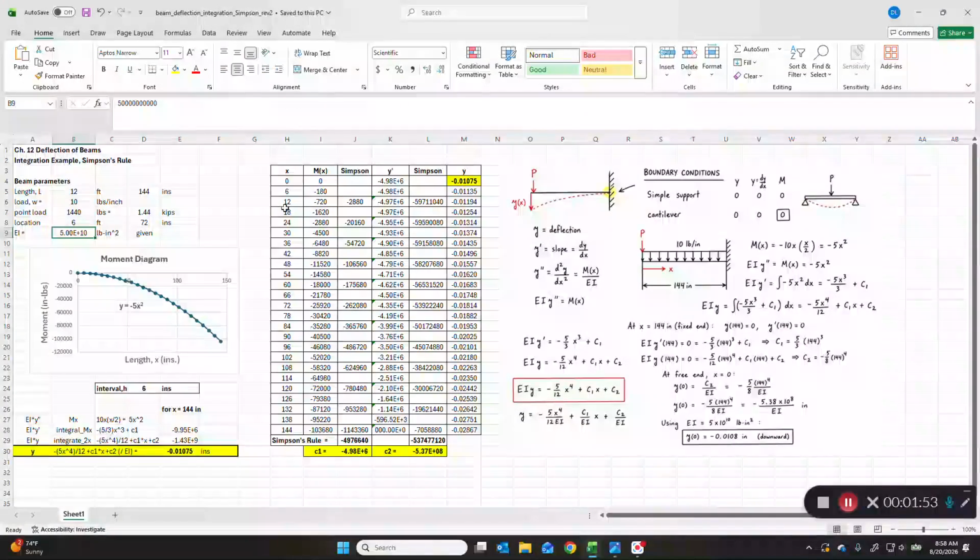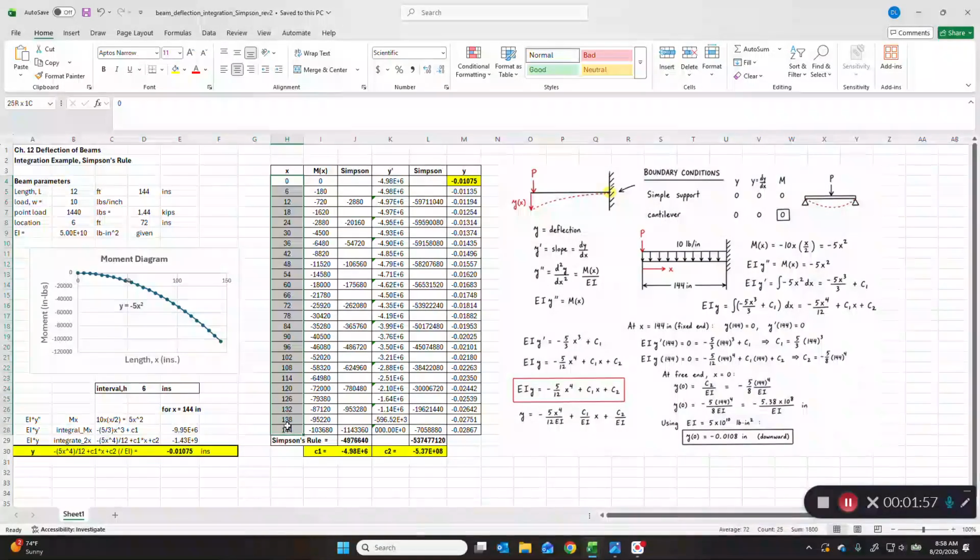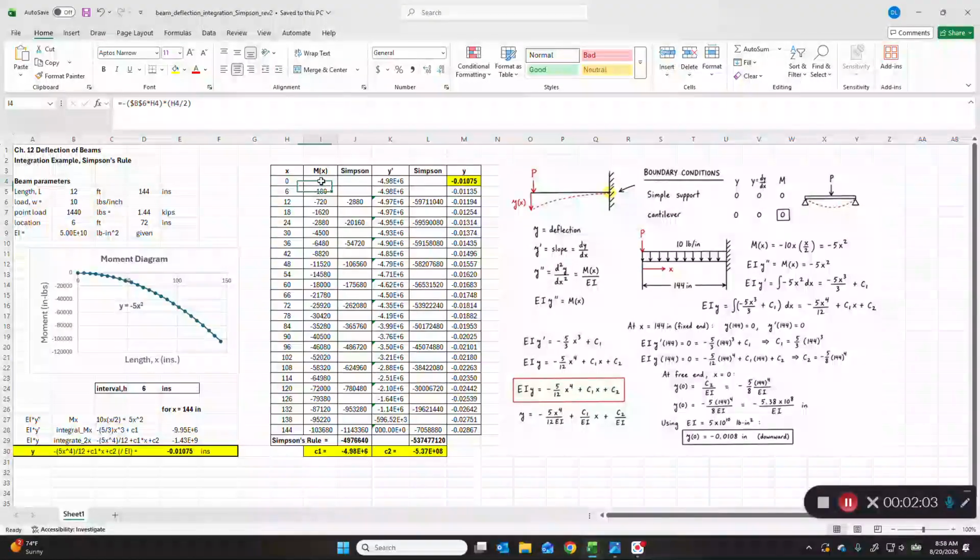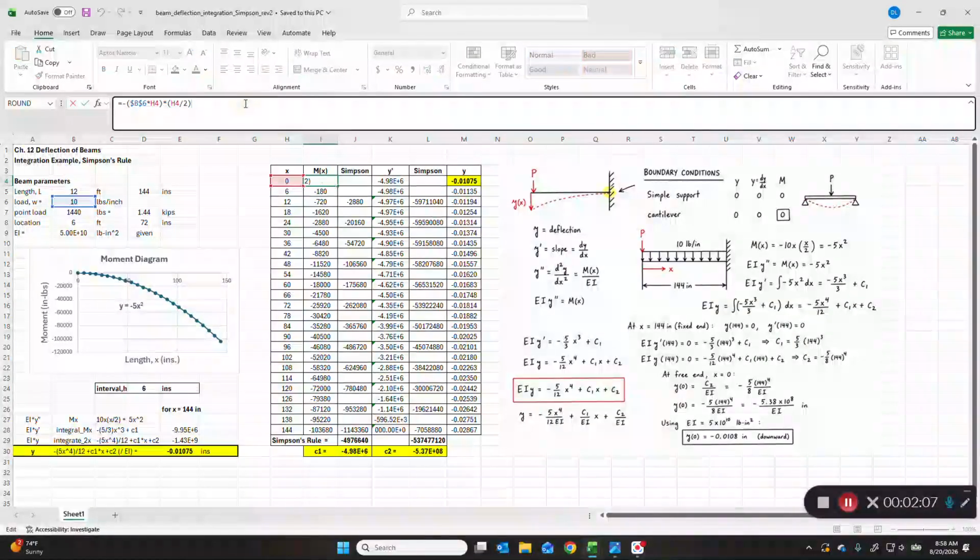So the first thing we're going to do is set up a column of length from 0 to L, right? And so I'm going to go in 6-inch increments here. And then the second is to create a moment column. And the moment is just the load times the distance.